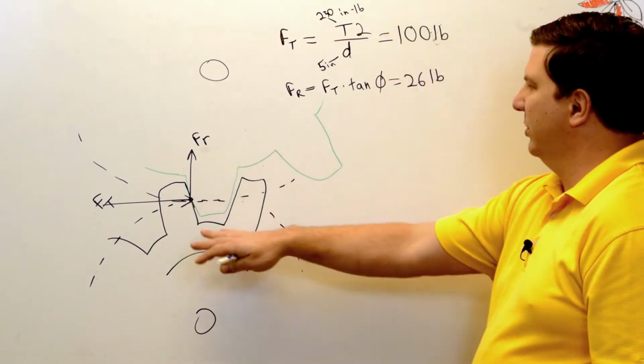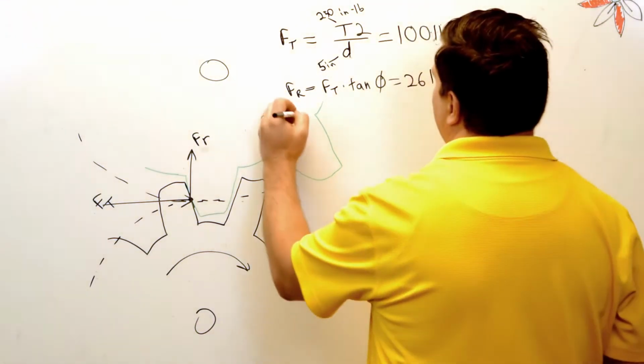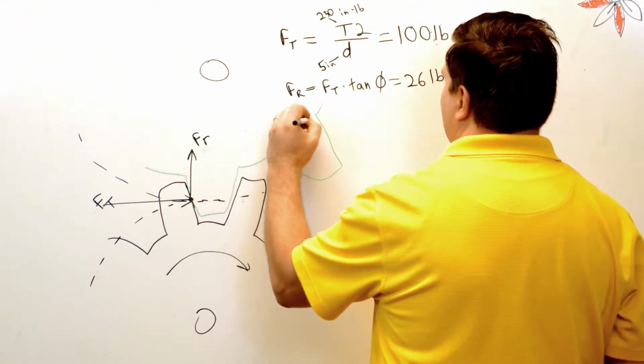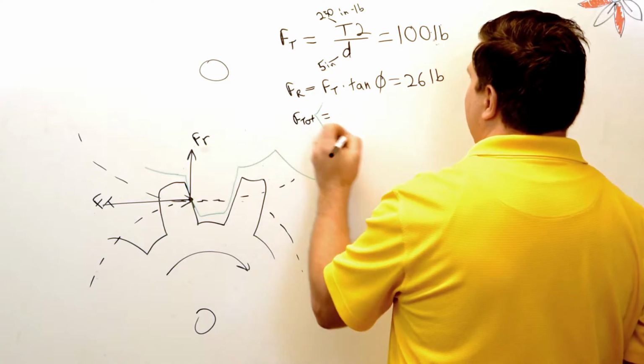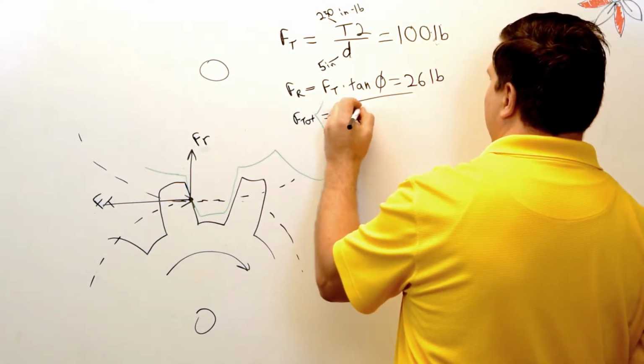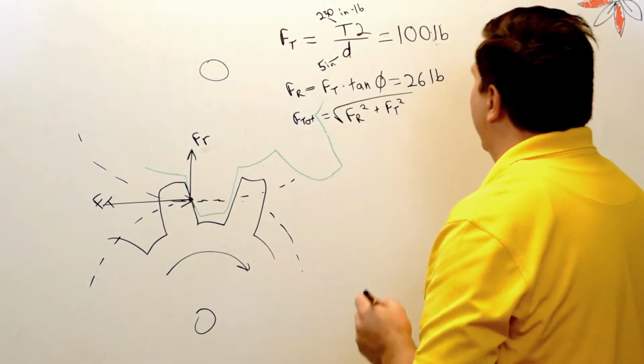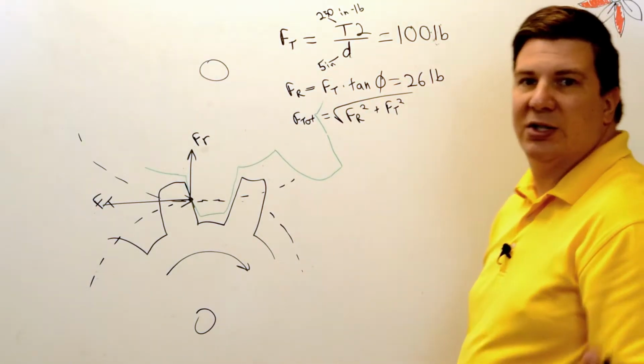Not that it's really practical, I just want to point it out, but there's a total force here. And that is equal to the square root of the sum of the squares. So Fr squared plus F tangent squared. Now, if you're like me, you can actually do this another way.